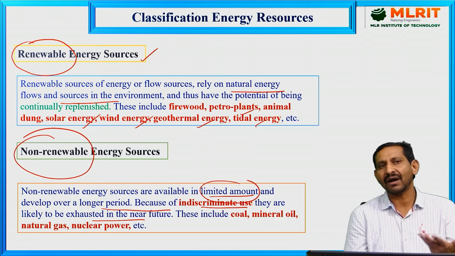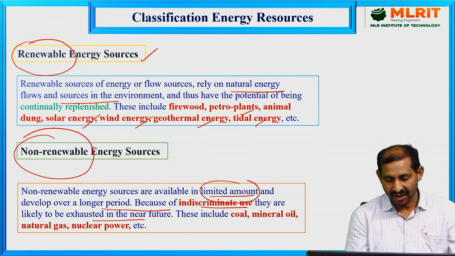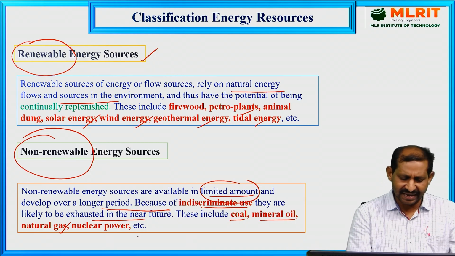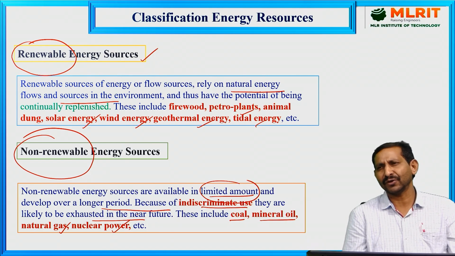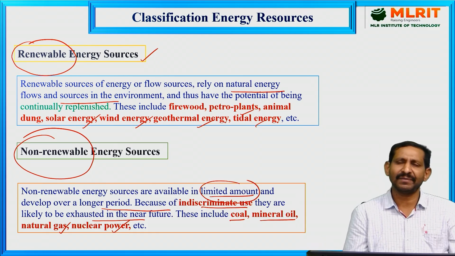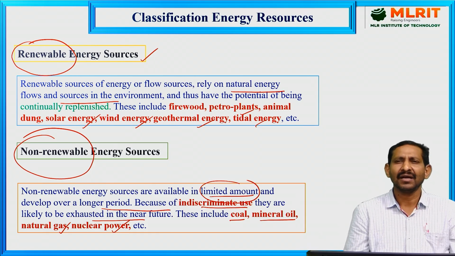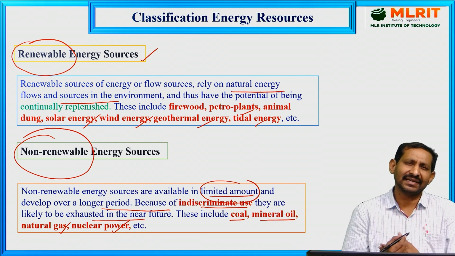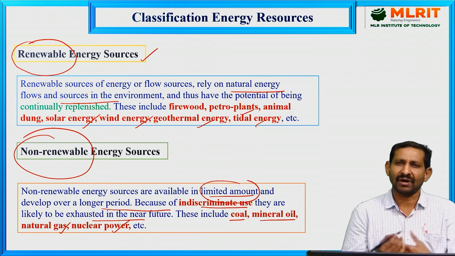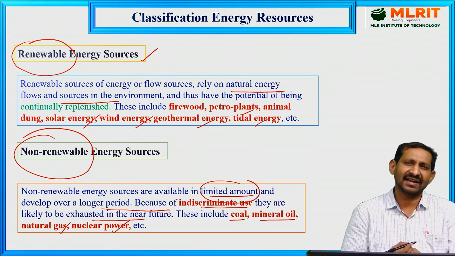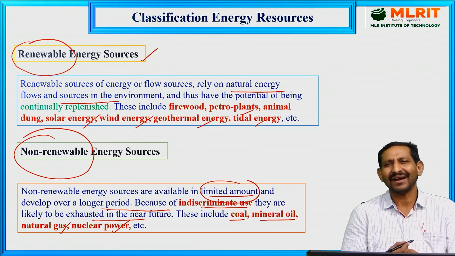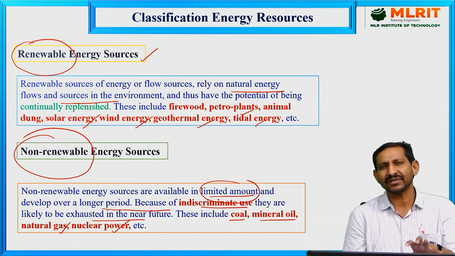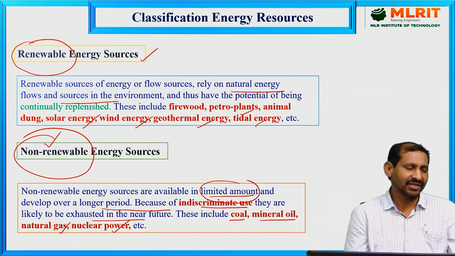Those are called non-renewable energy sources, like coal, mineral oil meaning petroleum, natural gas, and nuclear power, which comes from the radioactive elements available in the earth's crust. If they are used indiscriminately for energy conversion, they will not be replenished within a reasonable span of time. Those energy sources are called non-renewable energy sources.